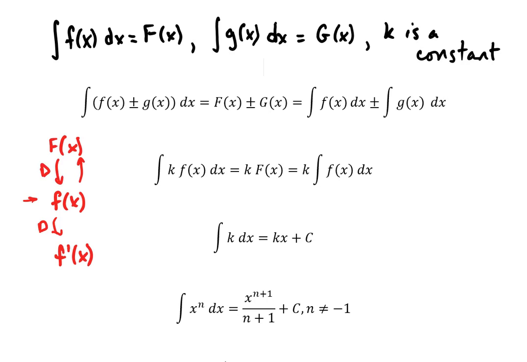So we want to find the function capital F such that capital F prime is equal to little f. And we call this function capital F the antiderivative of little f of x, or we call it the indefinite integral of f. Now, you'll also hear me use just the integral of little f, so I'm using these things interchangeably here.